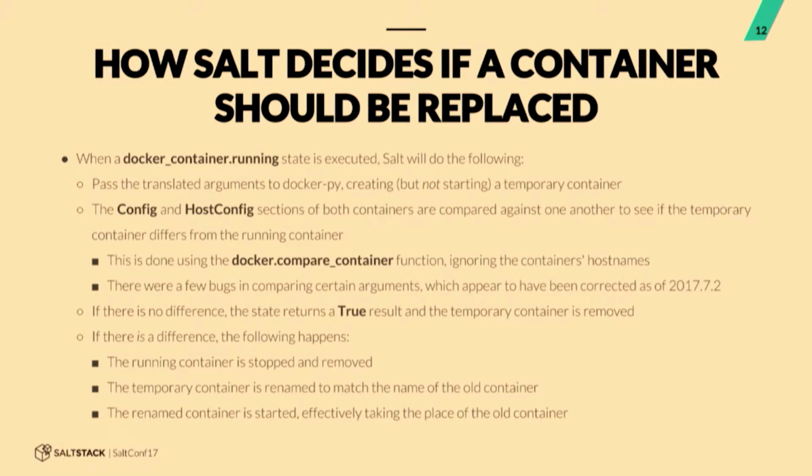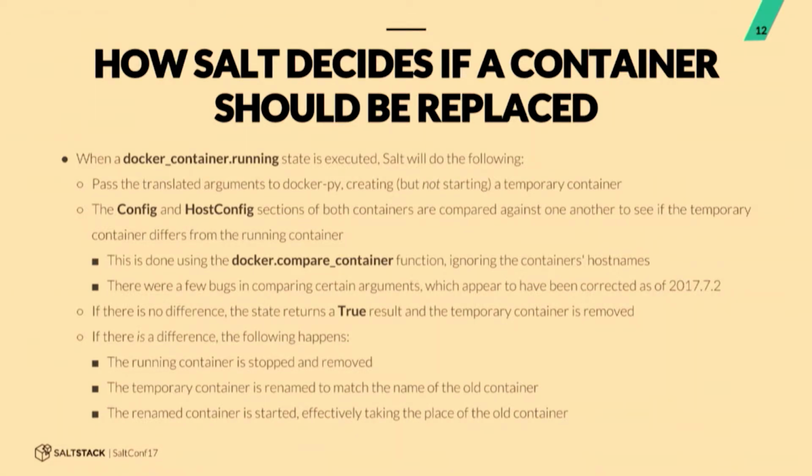And so now we have two containers, and we compare both the config and host config against each other and find out what values are different, and if we do find differences, we know that the container configuration has changed, and then the container needs to be replaced. And so we actually handle that comparison. There's a remote execution function in the Docker execution module called compare_container that handles that.